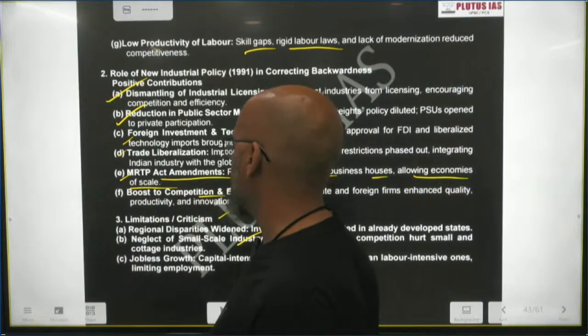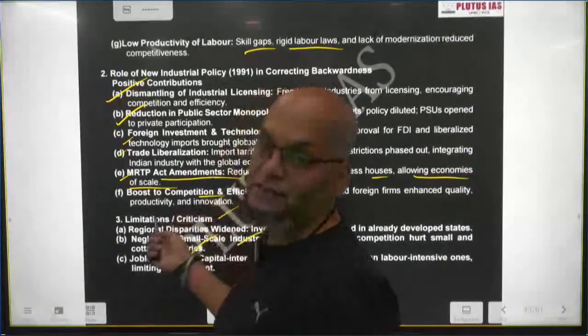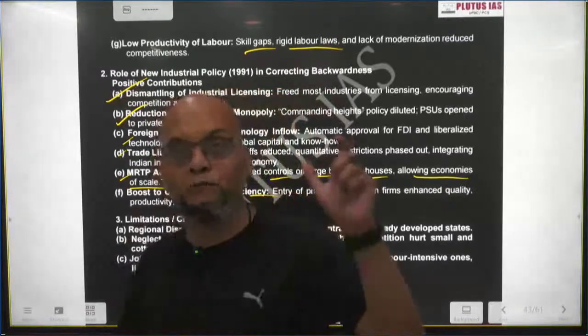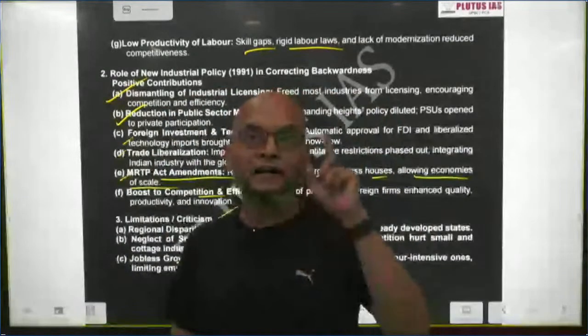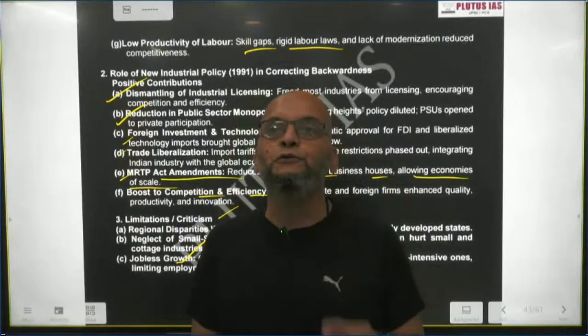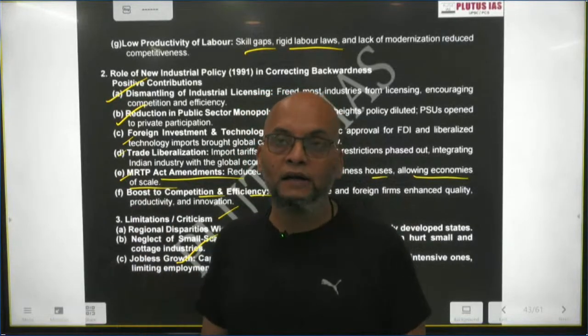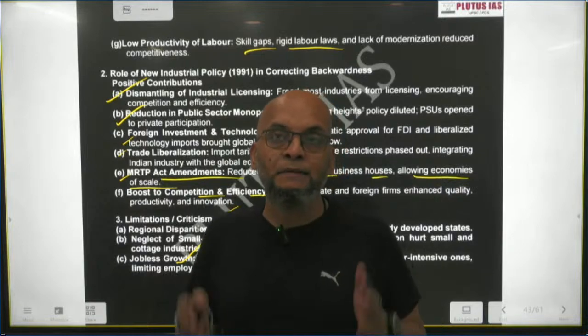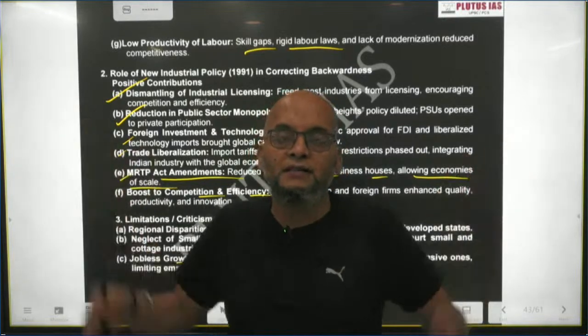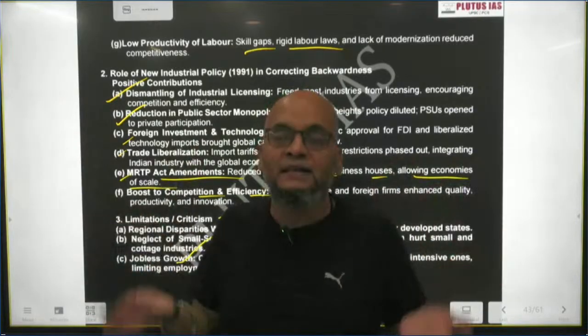Then limitations and criticisms: regional disparities widened, with investment concentrated in already developed states. Small scale industry and cottage industry were neglected. Then jobless growth. This phase is known as jobless growth because India's GDP grew, but it mainly grew due to the service sector, and the service sector requires highly skilled laborers. These highly skilled laborers, engineers, doctors, finance experts, grew, and with them the Indian economy also grew.